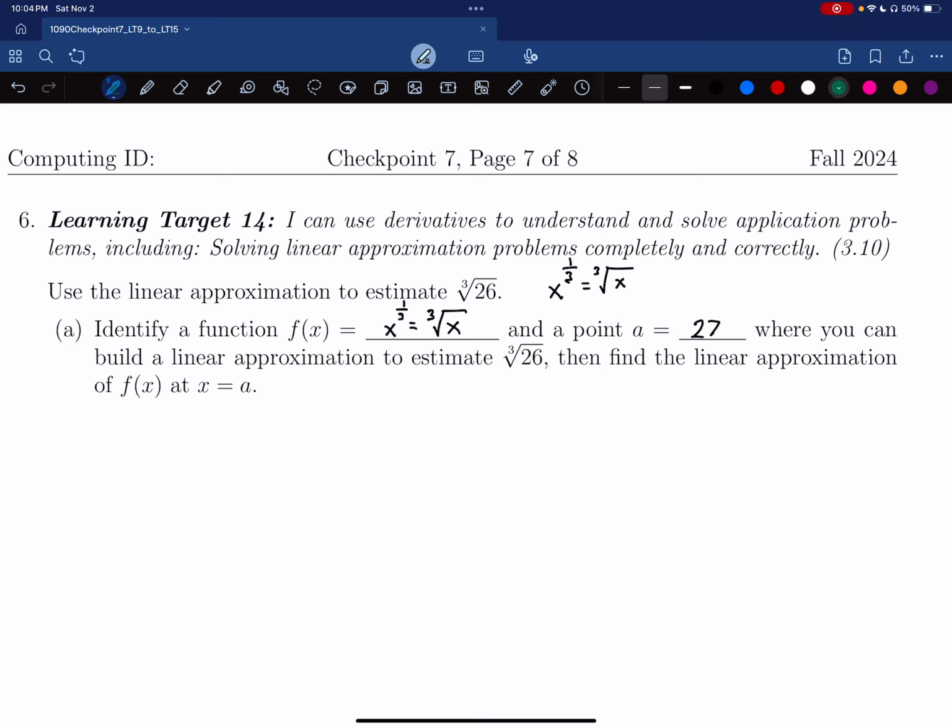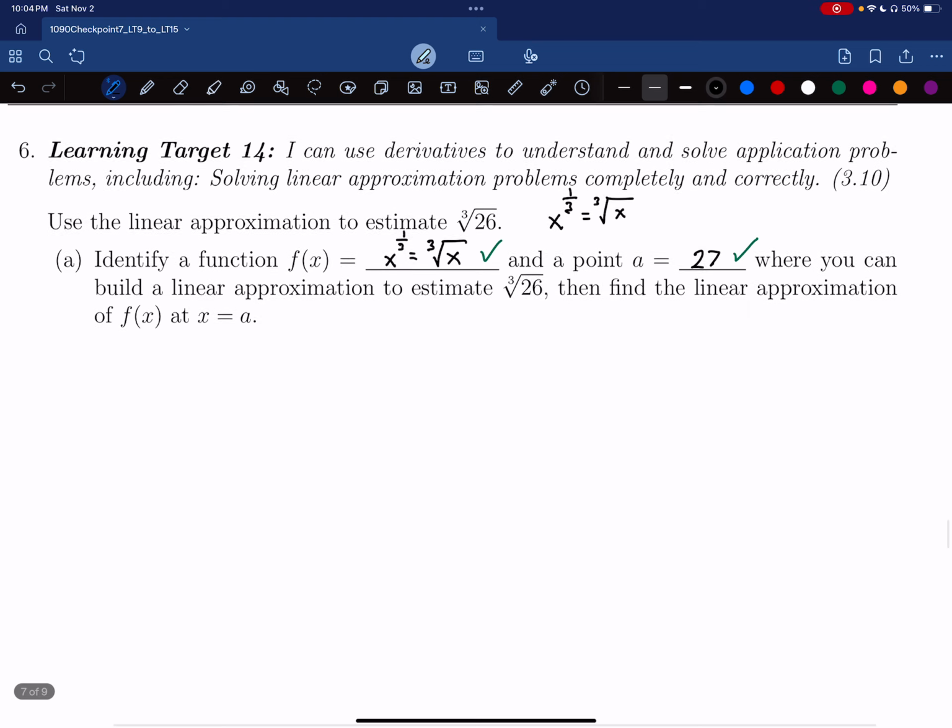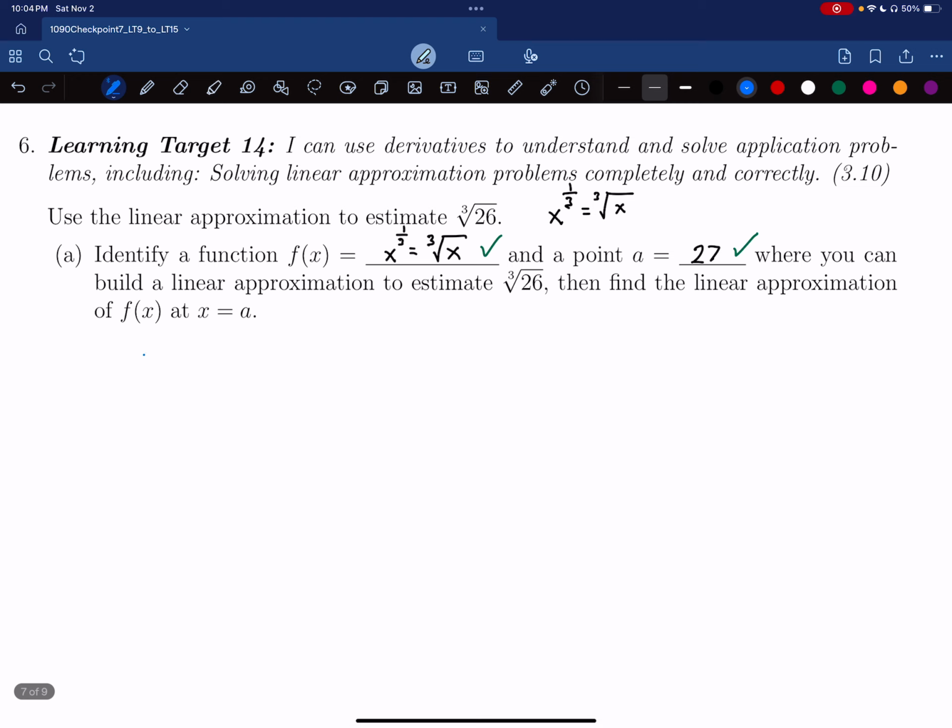Okay, so we have our function and we have our point. So now we can just go about exercising the things we learned in this class. I guess one more thing, when we have a linear approximation, typically we call it L of x, uppercase L, it's going to be represented by f of a plus f prime of a times x minus a.